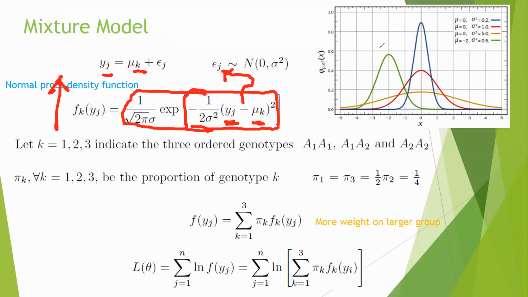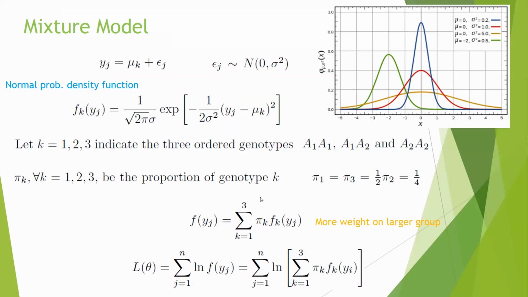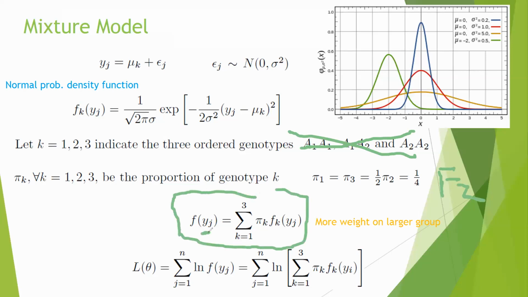Okay. Now, remember we are dealing with a very challenging problem. Even though we knew this is an F2 population, we do not know the genotype. For each individual, we have to guess from which of the three categories this individual comes.